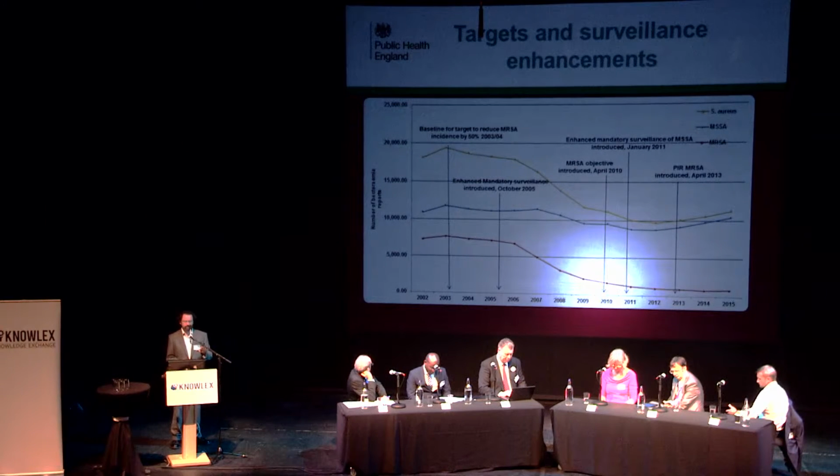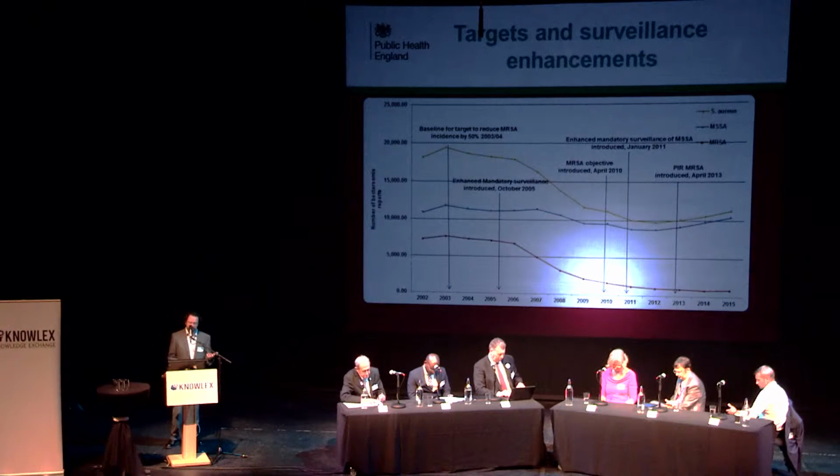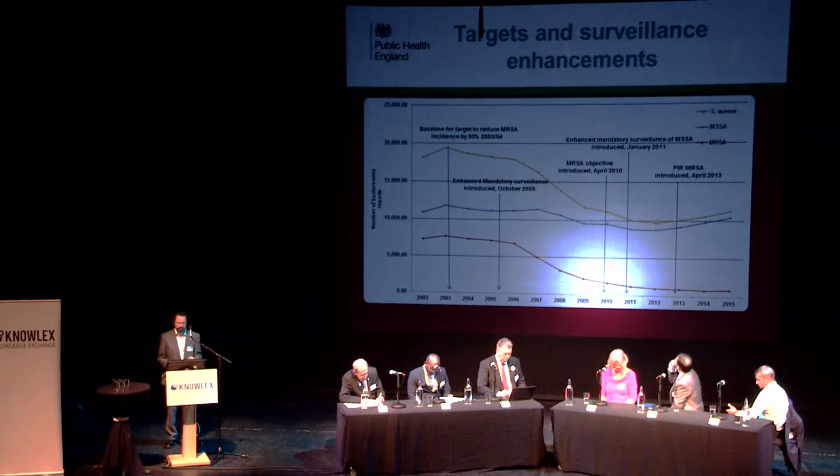So in 2003-2004, there was a national target for a 50% reduction in MRSA. MRSA is the red line you can see there on the bottom. So we had around about 7,000 odd cases a year. We ended up doing enhanced surveillance. There was a secondary set of objectives released in 2010, whereby individual trusts were given targets rather than a national objective.